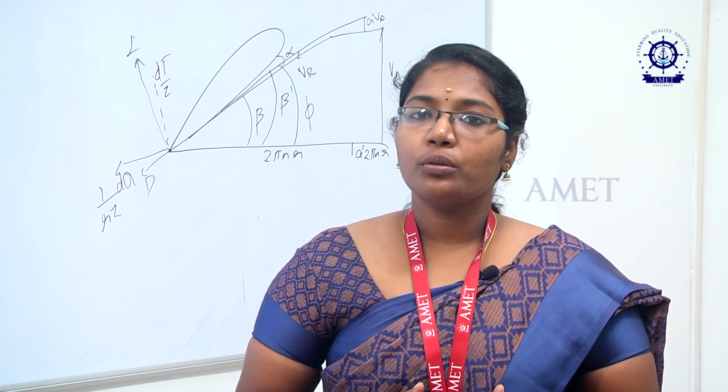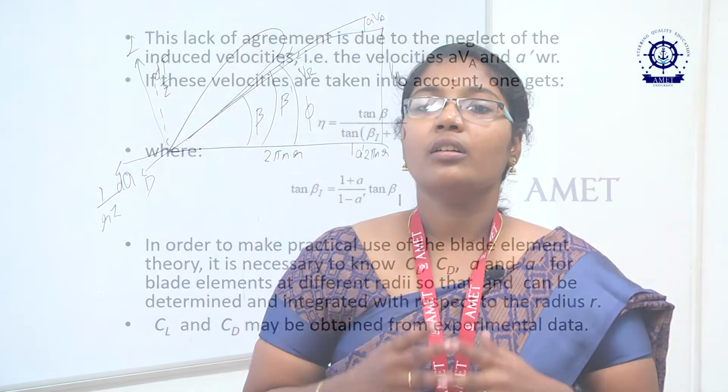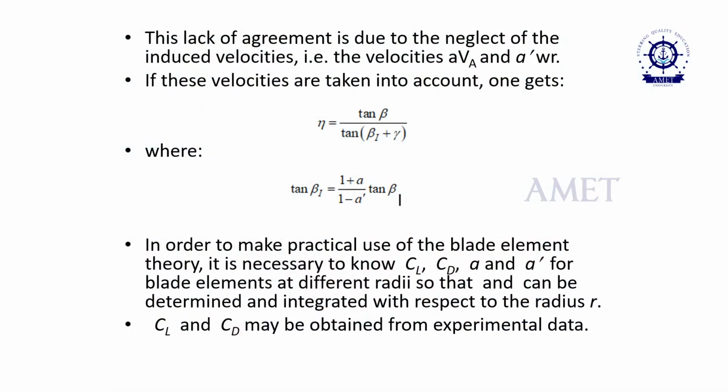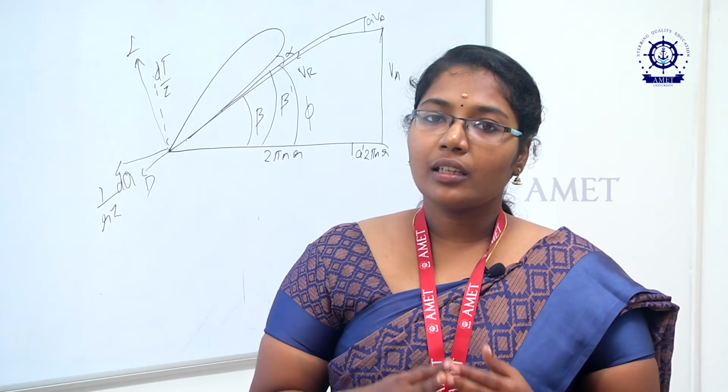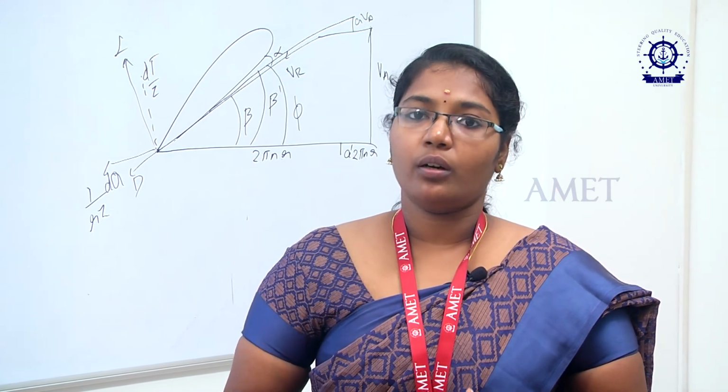So, we need to know CL, CD, A and A dash to design the propeller using the blade element theory in the most efficient way, and CL and CD will be obtained from experimental data.